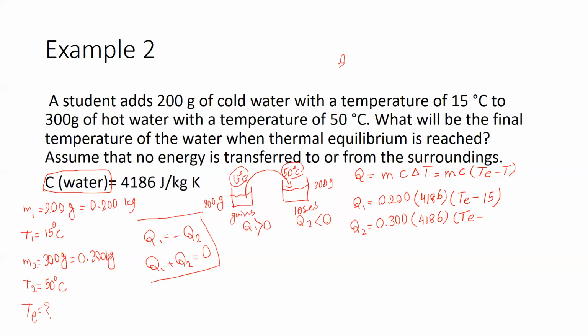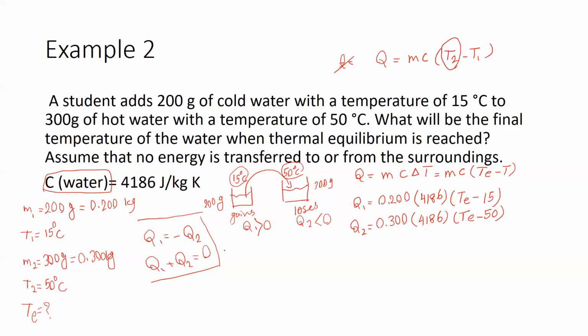When we say Q equals MC delta T, that is T2 minus T1. T2, when they get to thermal equilibrium, is the same for both of them, and we name it TE, T equilibrium in this case, and the initial temperature for the second container was 50.